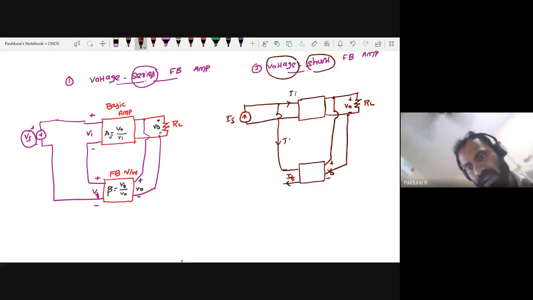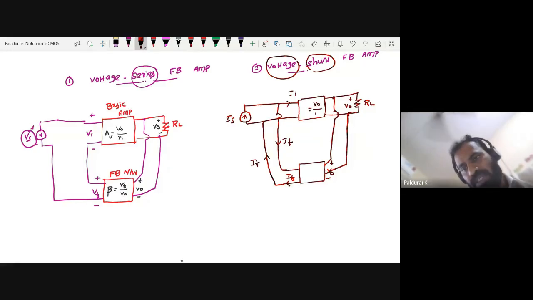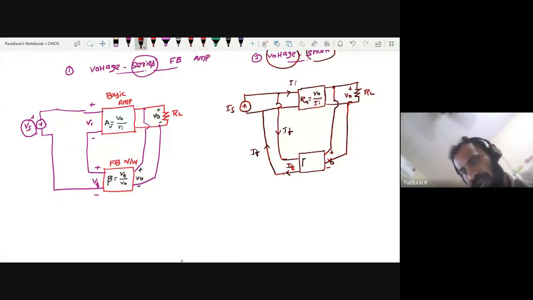This is my IF. So what is the gain here? Output is voltage, input is current, so you may call it R sub M. Feedback: output is current quantity, input is voltage quantity.